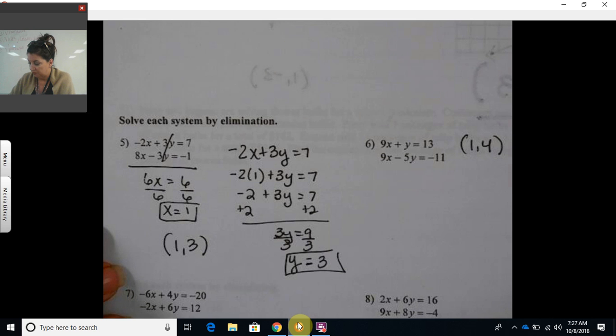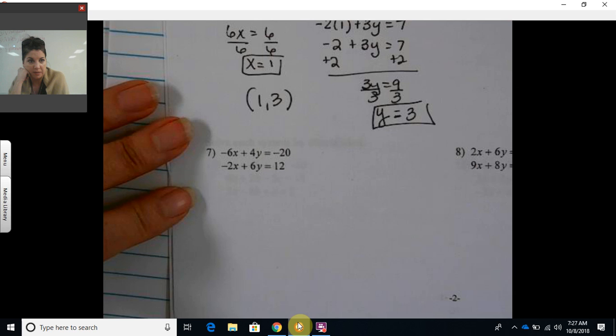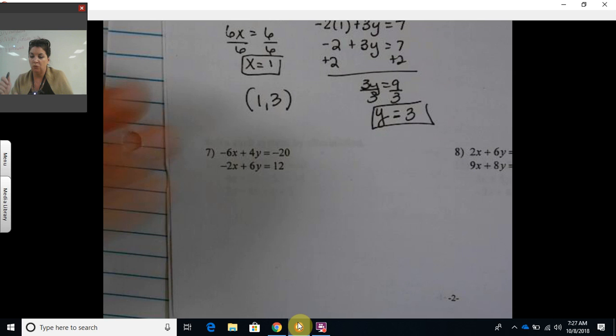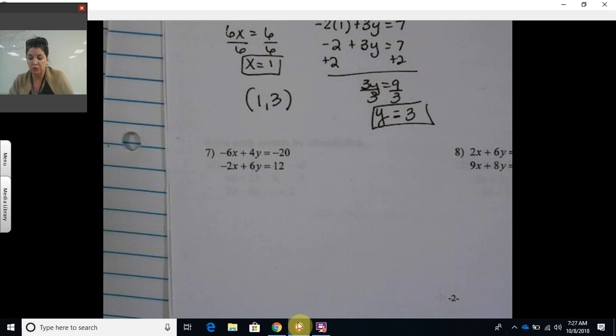Let's look at 7. Do your x's eliminate automatically? No. Do your y's eliminate automatically? No. If we eliminate the x's or the y's, is either one of them going to be where we just have to multiply one equation by some number? Which one? Okay.